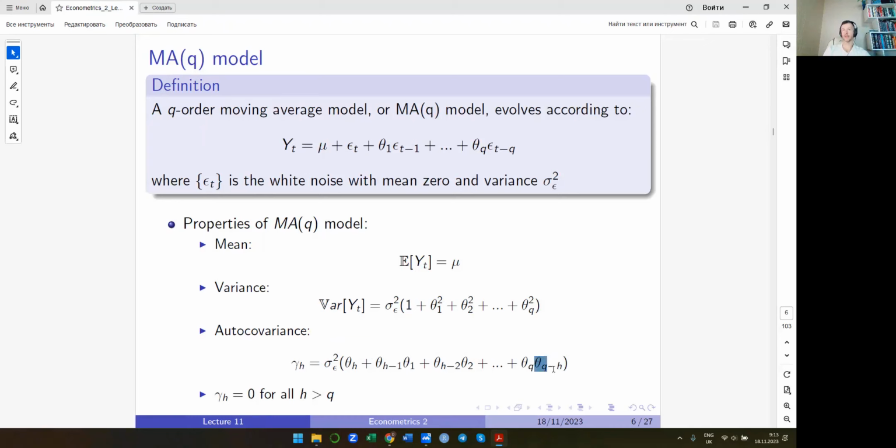When h is greater than q, this index is going to be negative, but a negative lag doesn't make any sense. That's why any autocovariances after the qth lag disappear. In contrast to the AR model, because the AR model has kind of infinite autocorrelation.